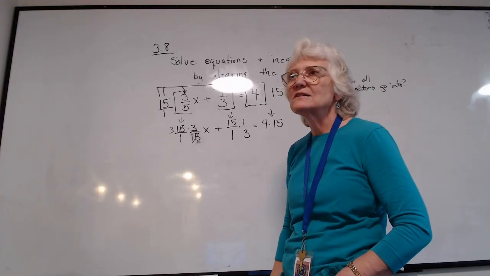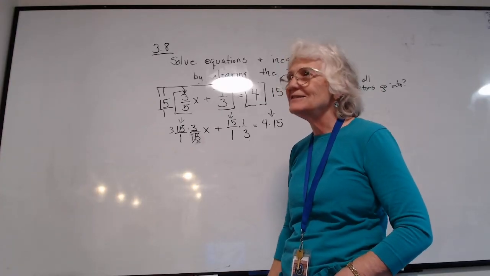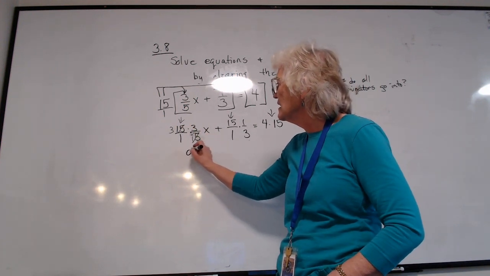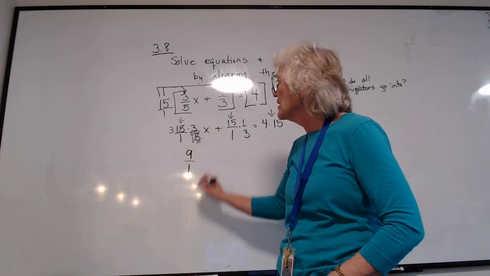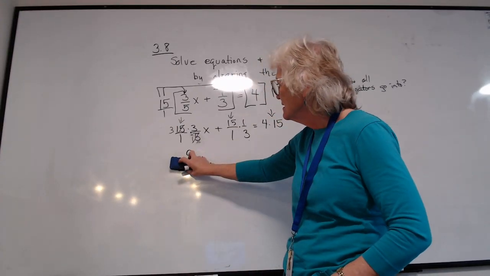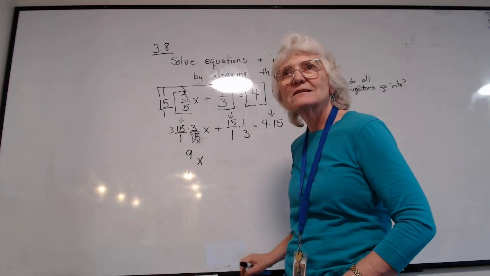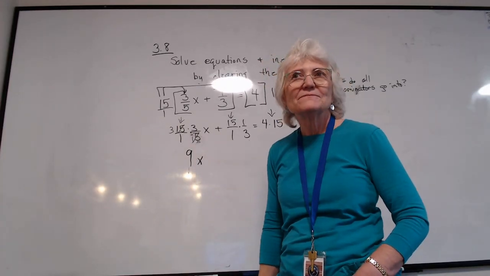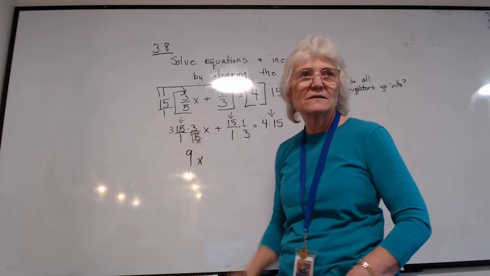So we got rid of the denominator because now it's just a 1 on the denominator. So 3 times 3 is 9. I could put the 1 on the bottom, but that's really just the same as 9. So what we did is we got rid of that fraction. We got rid of the 5.